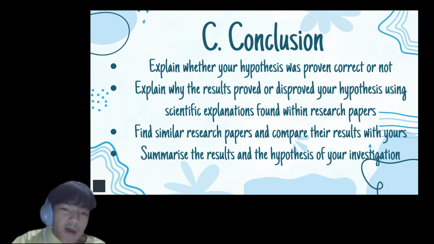And also explain why the results of your experiment prove or disprove your hypothesis using scientific explanations found within research papers. So you need to explain the mechanism, actions, and scientific reactions, all that. And then make sure to back up your explanations with similar research papers by comparing their results with yours, right? And then at the end, just summarize the results and the hypothesis of your investigation, including the research question.